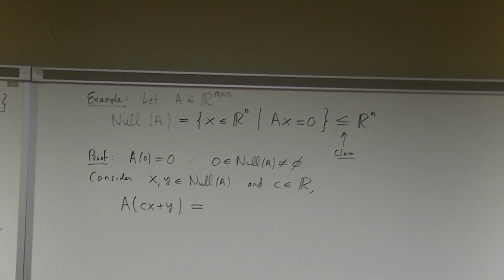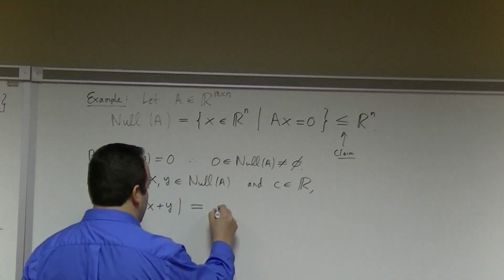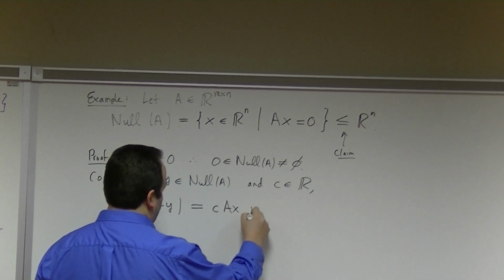If I show that, that shows that cx plus y is in the null space of A. So by properties of matrix math, this is c times Ax plus A times y.